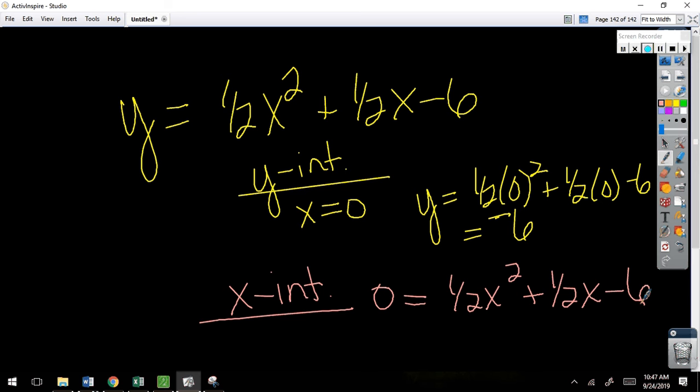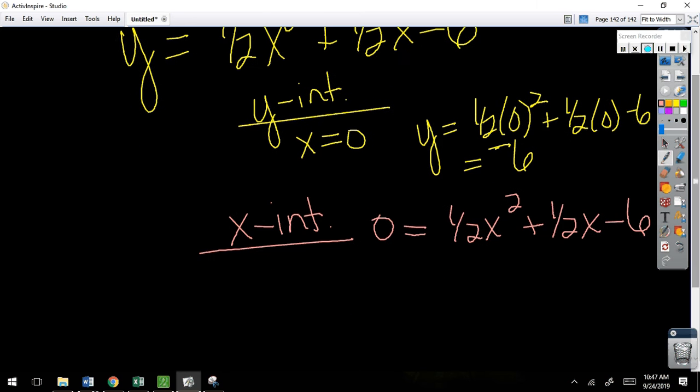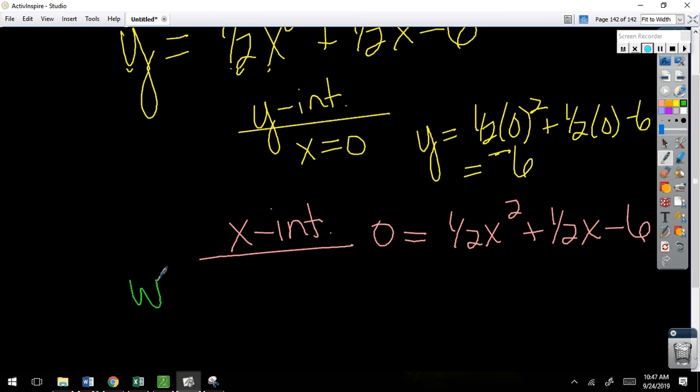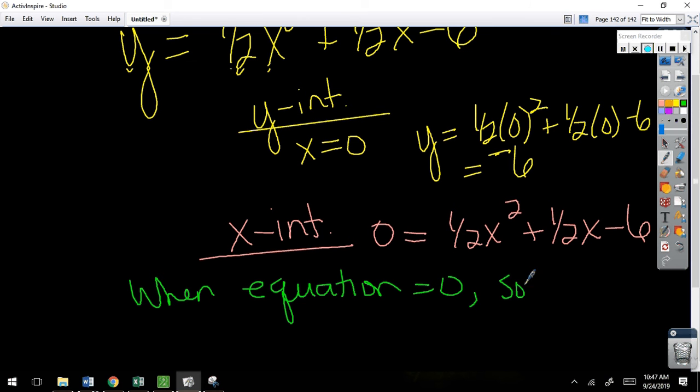Okay, here's what we're going to do. When the equation equals 0, then the solutions, and notice I said solutions because it could be more than one, are the places where it crosses the x-axis.